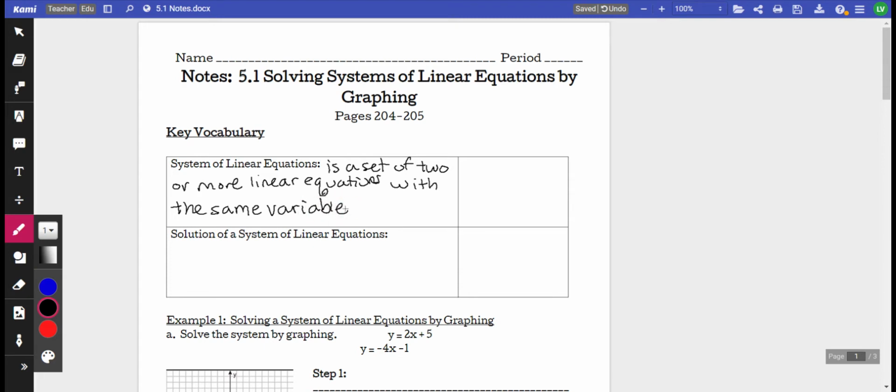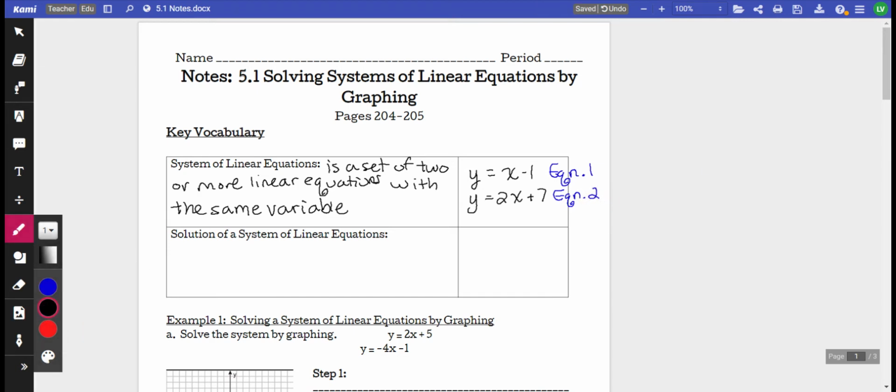So for example, y equals x minus 1 and y equals 2x plus 7. The first one is our equation 1, and our second one is equation 2.